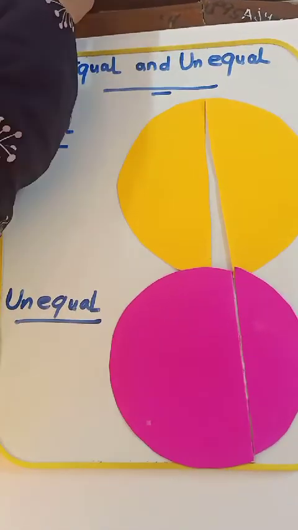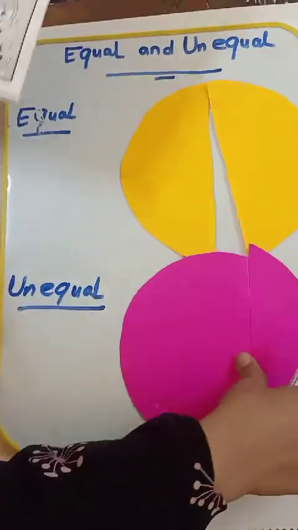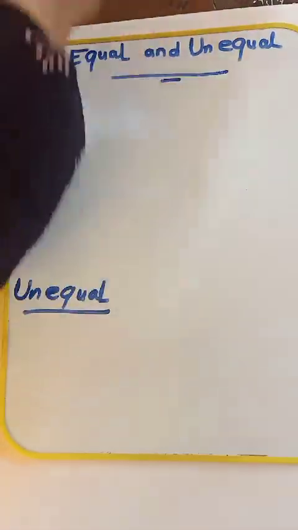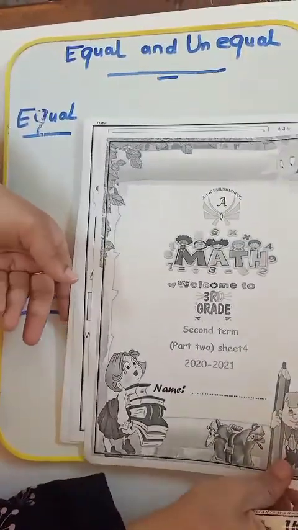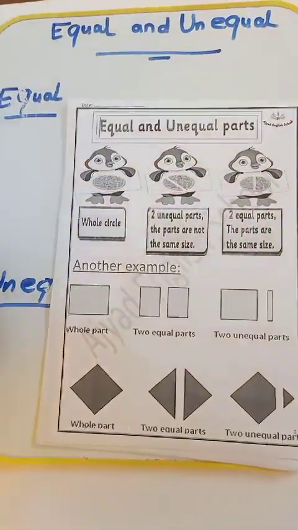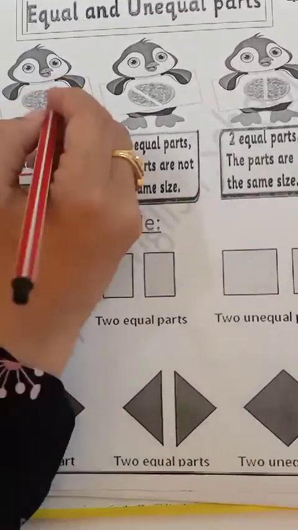Open sheet 4, page 1. The first shape is a whole circle.